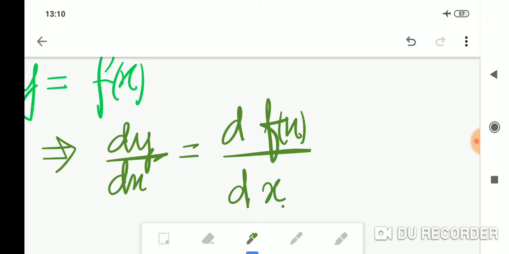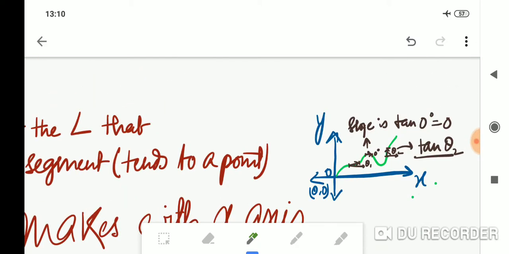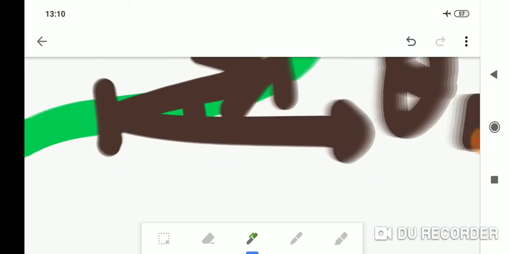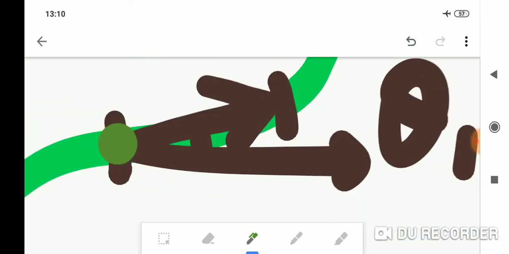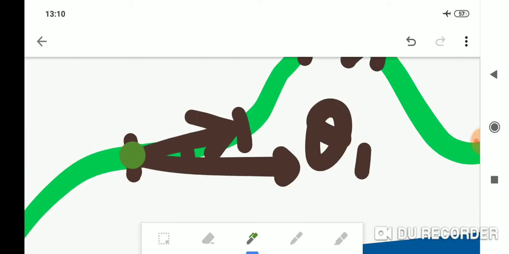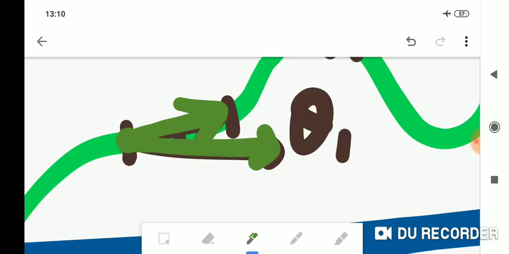So it is the change of y with respect to x. See, it is the change starting from here, move to there. It is the change of y with respect to x.